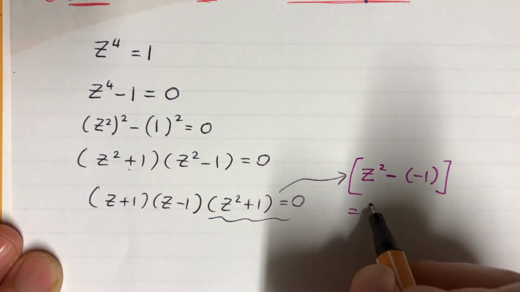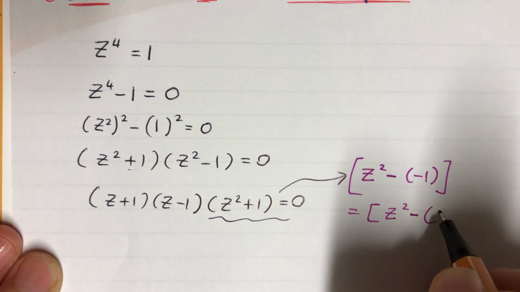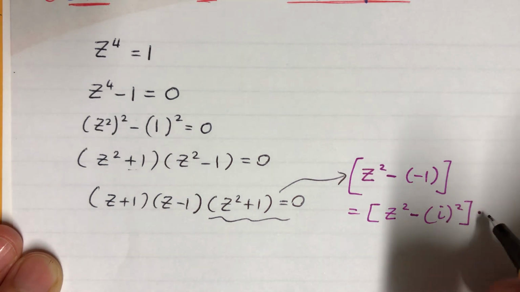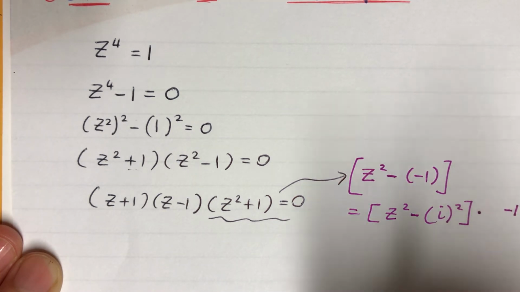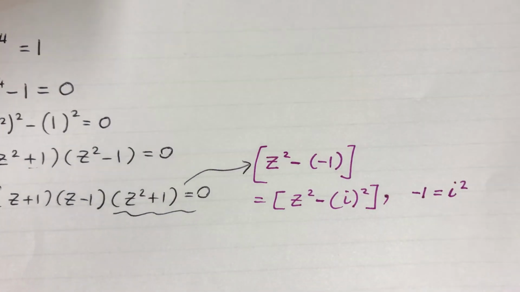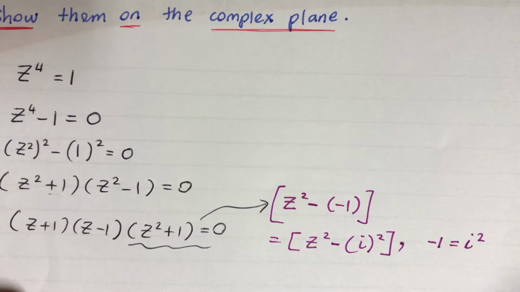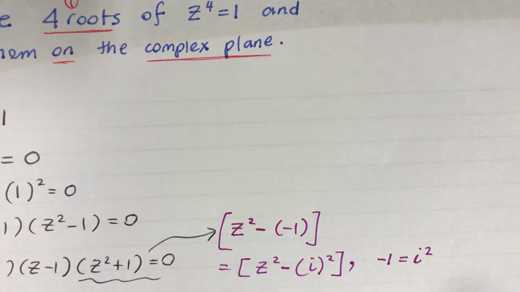And then I can change this one, because minus 1 equals i squared. So let's see if I can make it a little bit easier.